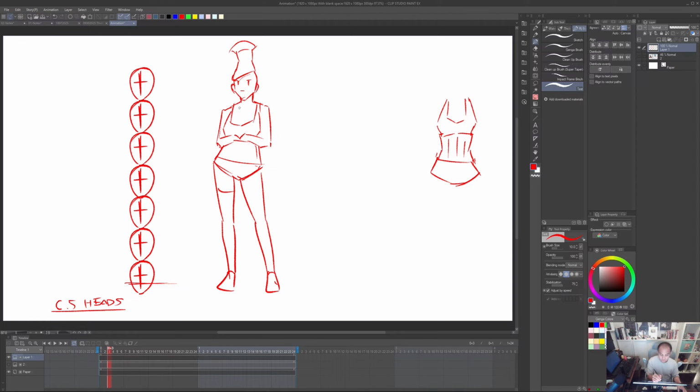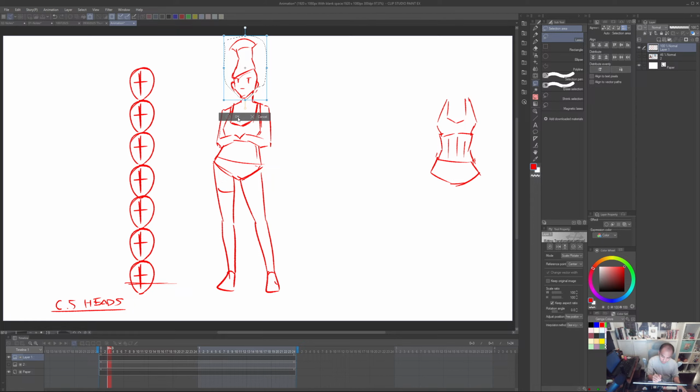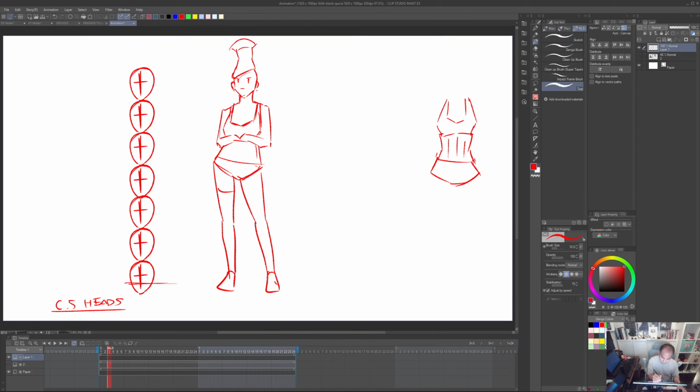And I broke it down by tracing it, right? And we can adjust again. I was talking about the height over there, right? So this is the height of the neck.